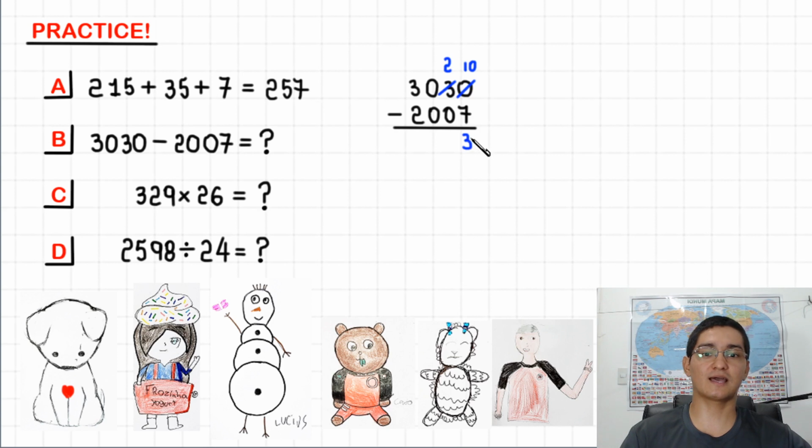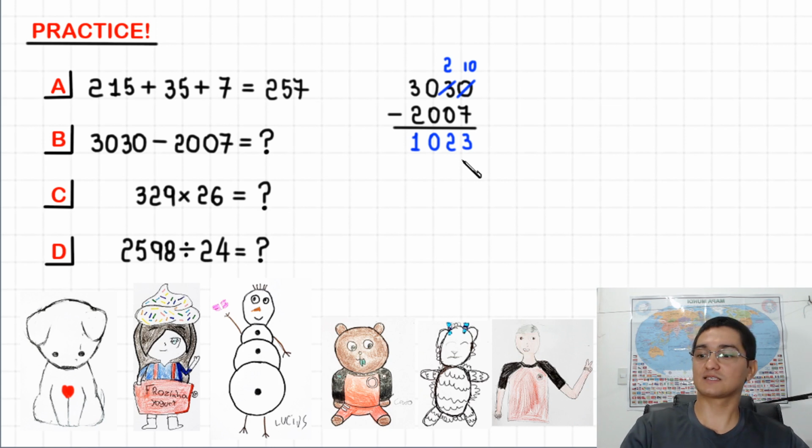We can say that because 7 plus 3 equals 10. And here in the tens place I have now 2 minus 0, and that is just 2. Here in the hundreds place I have 0 minus 0, that is still just 0. Here in the thousands place I have 3 minus 2, and that gives me just 1. So the result is 1023.